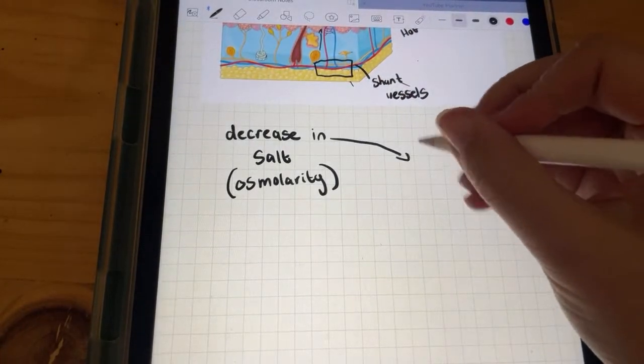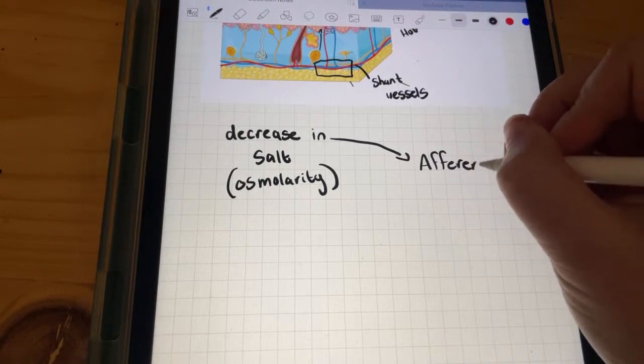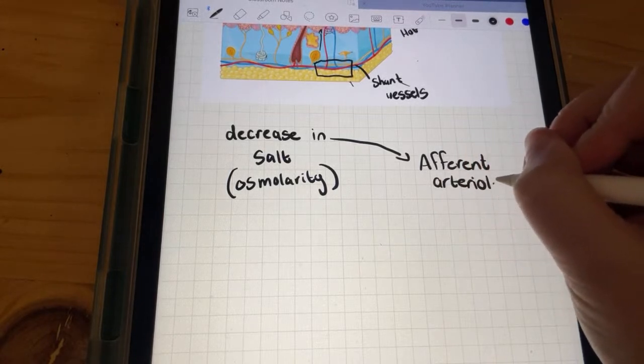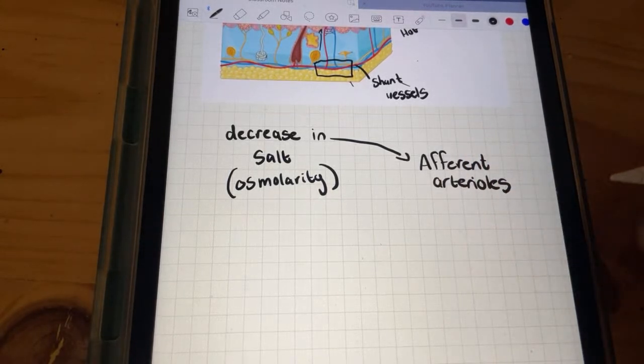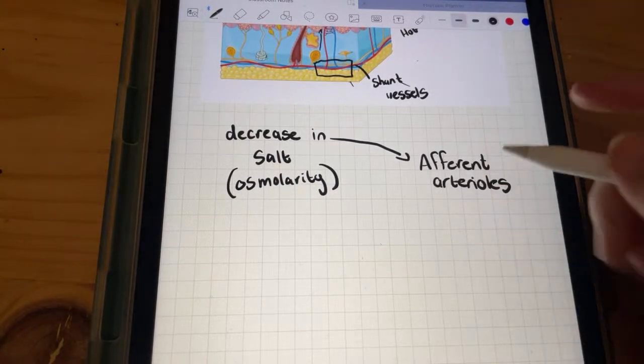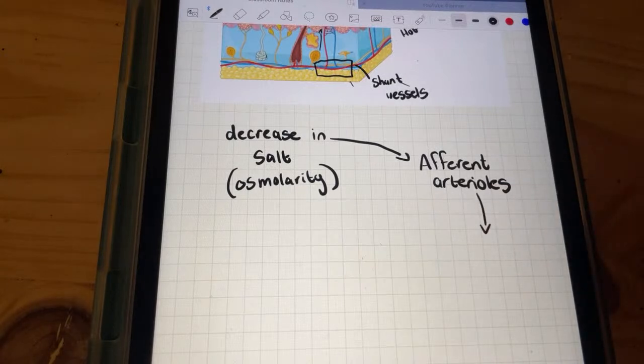The receptors that pick up on this low level of salt are the afferent arterioles, the little blood vessels that go into your kidney. You may remember them from grade 11. That's why we can't forget our grade 11 work.